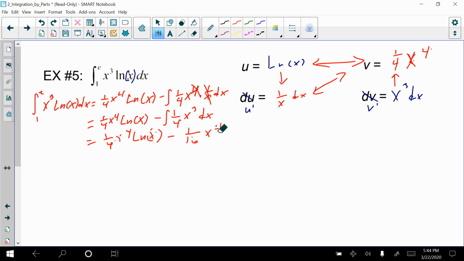And again, this is where we would stop if we were doing indefinite integration, and we could just say plus c for a constant. But we're not. We're doing a definite integration. So we have to evaluate it from 1 to e.